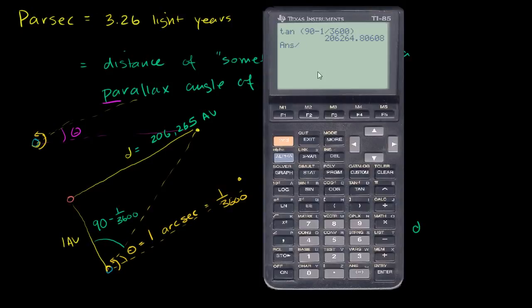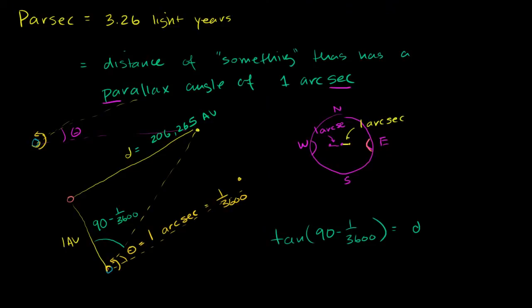Let me actually write it down so I don't confuse you with the unit cancellation. So we're dealing with 206,265 astronomical units. And we want to multiply that times 1 light year is equal to 63,115 astronomical units. We want this in the numerator and the denominator to cancel out.